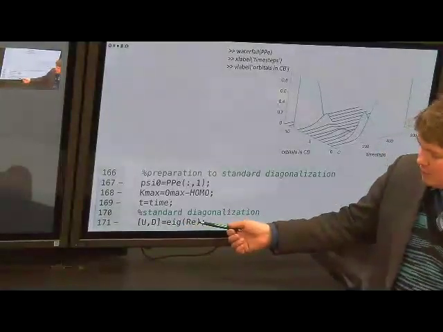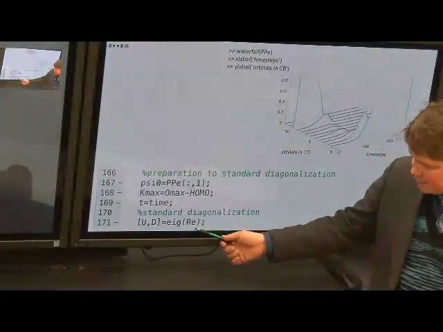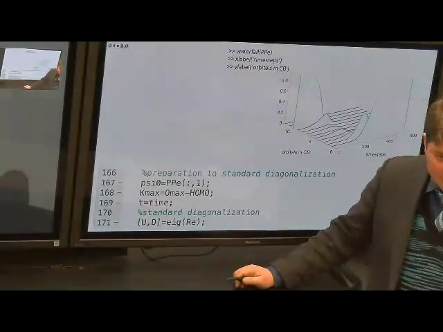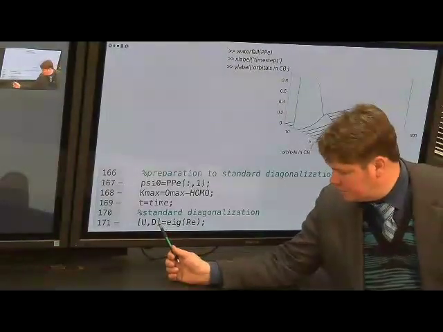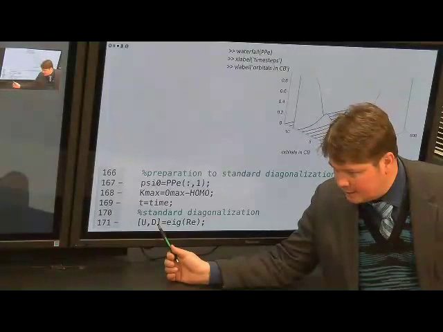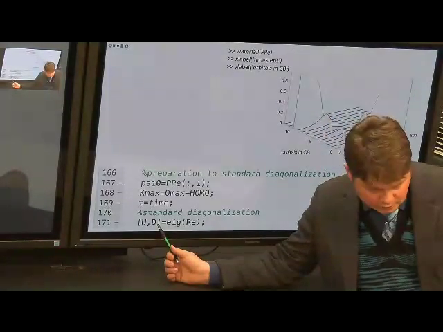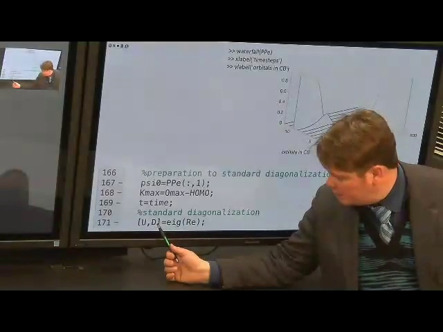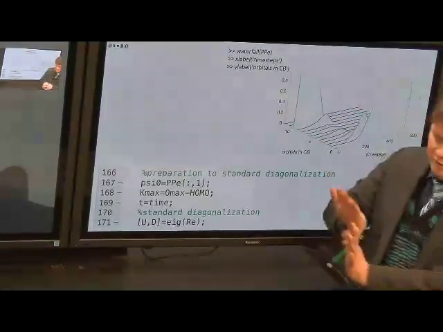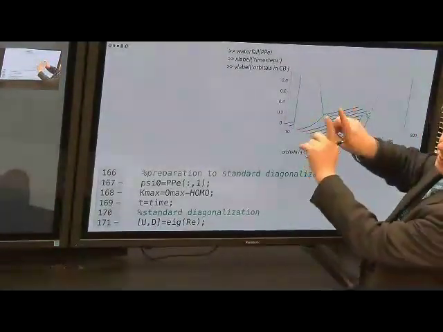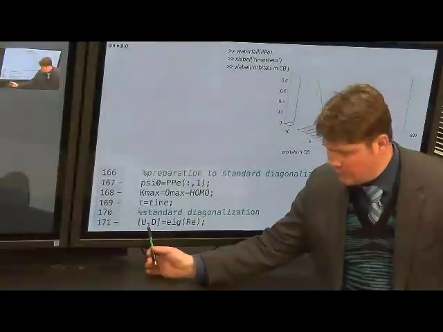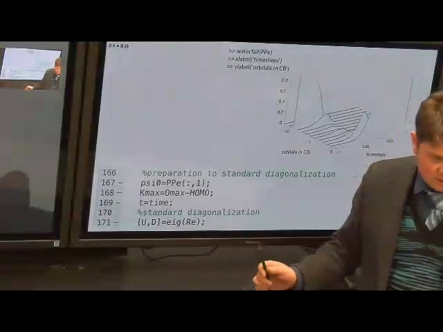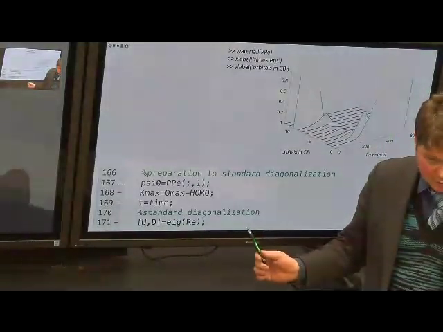But in MATLAB, it is just one line of diagonalizing matrix Re and funneling the results of diagonalization into two objects. So eigenvalues come into the second one, into D, and eigenvectors are stored in matrix form, first, second, third, in this matrix U. So this is the numerical solution of the eigenvalue problem.